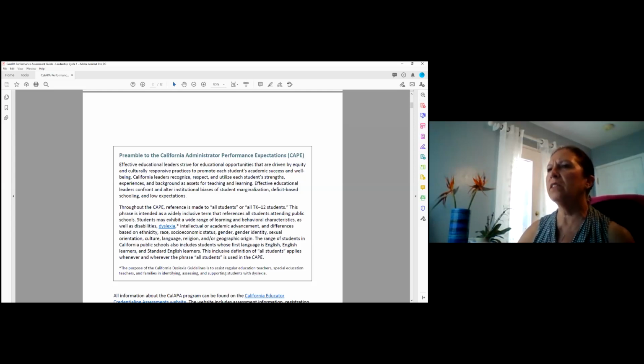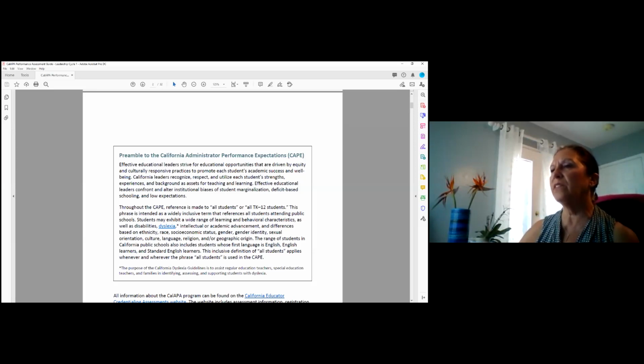Then it goes on and talks about the CAPE and the reference to all students or all TK students. And it is widely inclusive and references all students attending public schools. Students may exhibit a wide range of learning and behavioral characteristics, and we provide several of those. The most important thing is this last sentence, perhaps.